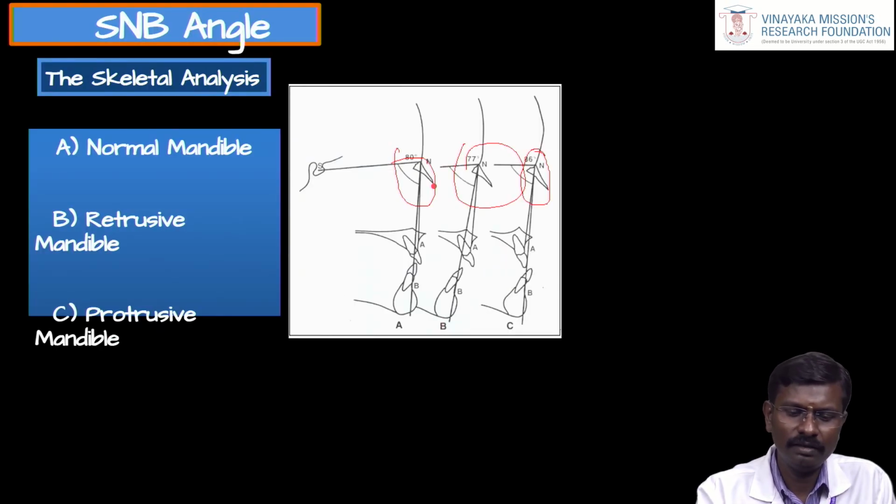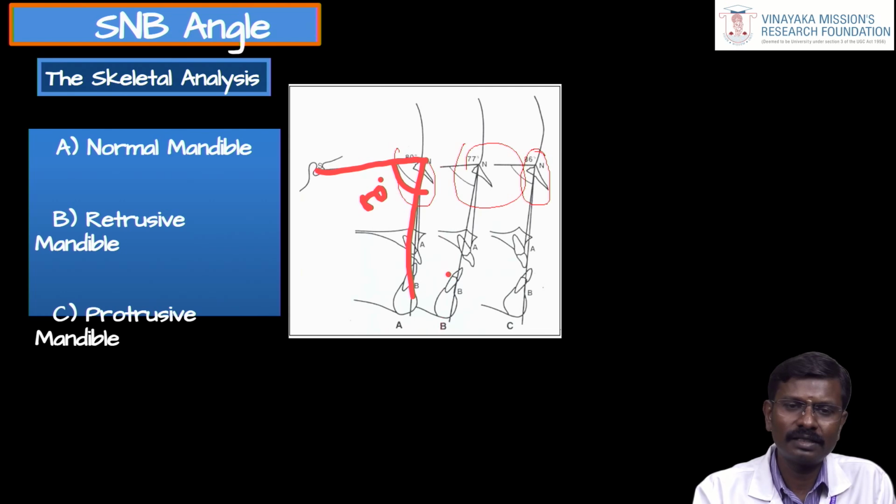Here we can see the mandible. The first one, the reading is 80, so it shows a normal mandible. The next one is a retrusive mandible. The mandible is more backwardly placed, placed more posteriorly.